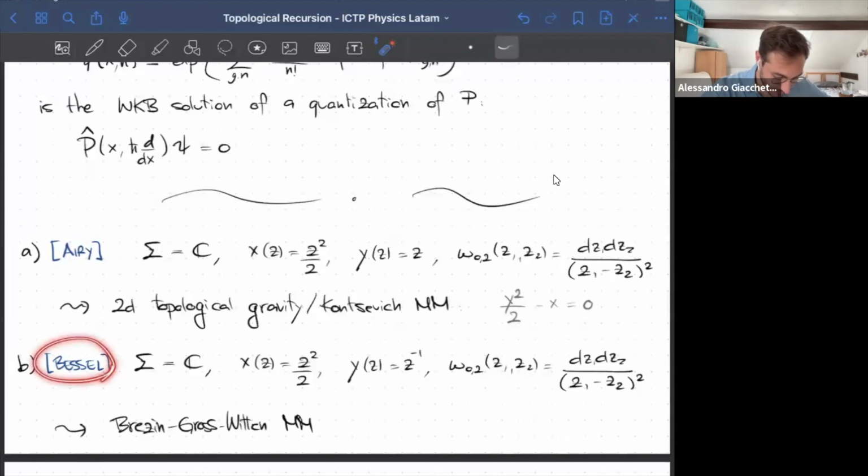And this is called the Bessel case because, again, when you do this procedure here, you get the Bessel equation. And from the physics point of view, this is related to a matrix model known as the Brezin-Gross-Witten matrix model, which was studied in the 80s in relation to lattice Yang-Mills.